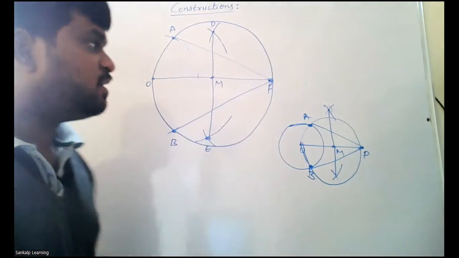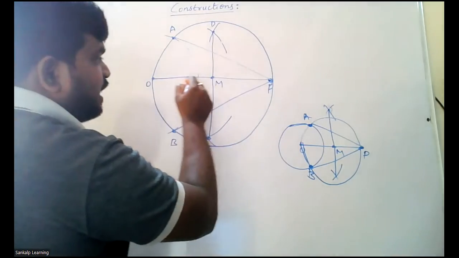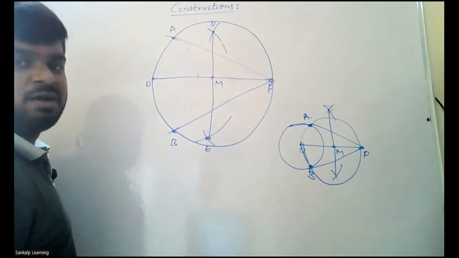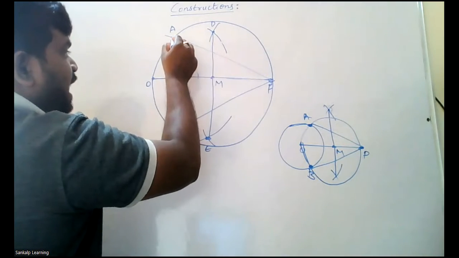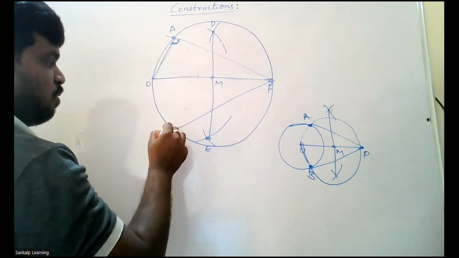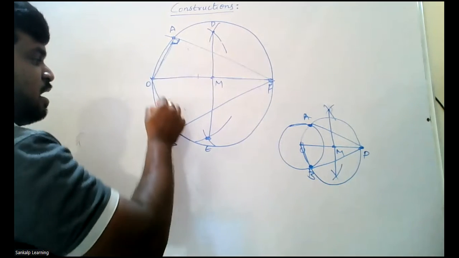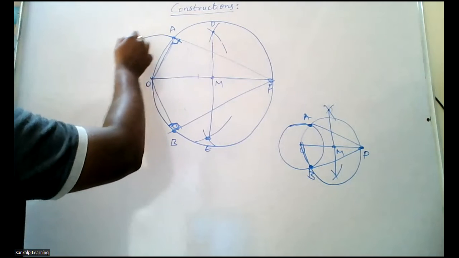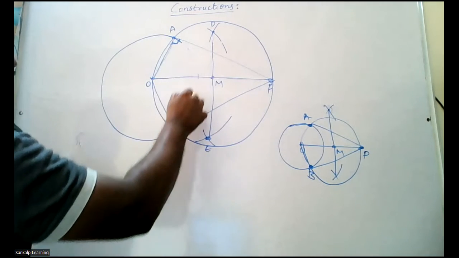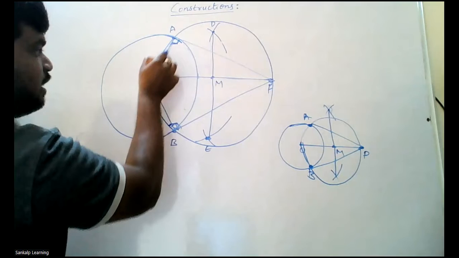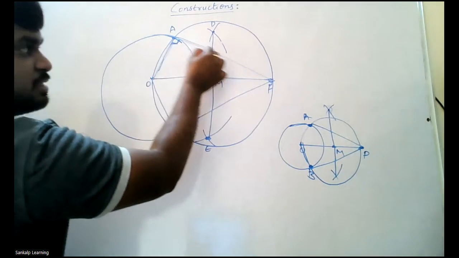Why did we do it like this? If this is the diameter, the upper part becomes a semicircle and the lower part becomes a semicircle. And what is the angle in a semicircle? It is 90 degrees. Now the concept here is that this line is the radius and this is the tangent.